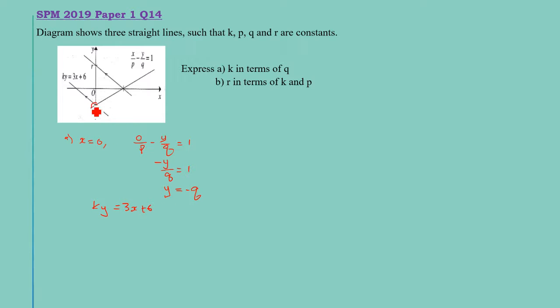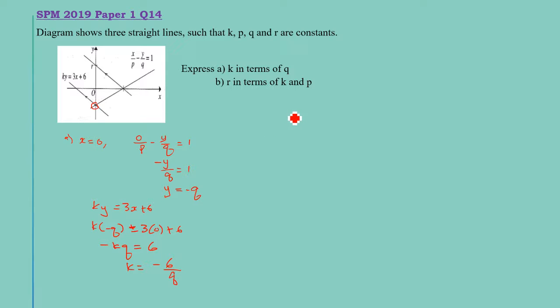This is the point of intersection, so it must satisfy the values for x and y. So replace your y with negative q and your x with 0. So we have k times negative q equals 3 times 0 plus 6. So you get negative kq equals 6. The question wanted k in terms of q. So k will be negative 6 over q. We just leave the answer in this form.